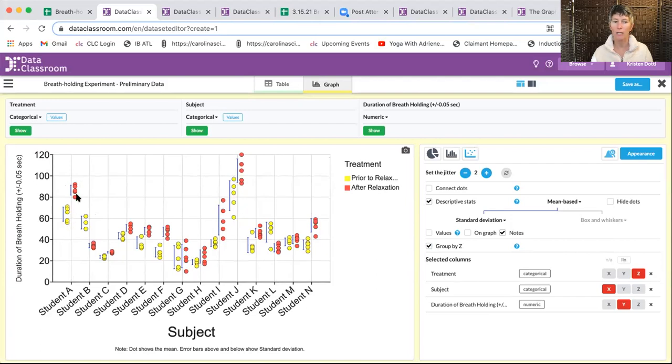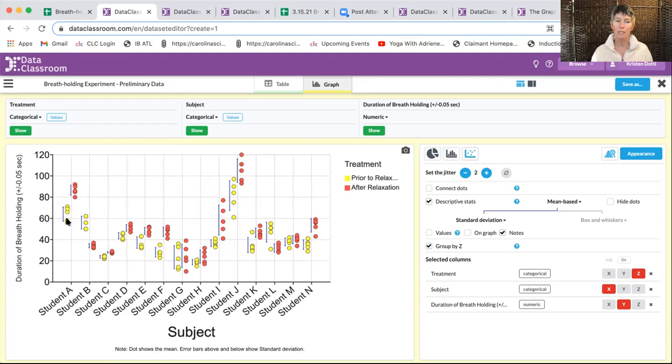So I can actually look at the difference between what happened with student A before and after the relaxation and deep breathing. And it's easy now for me to visualize whether the breath holding capacity went up or went down.